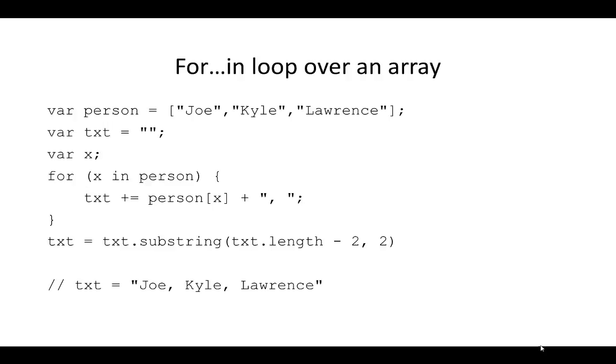And then the third time we go through, x is the position 2, the value of which is Lawrence. So that gets concatenated on there. What we end up with is a string that says Joe, comma, space, Kyle, comma, space, Lawrence.